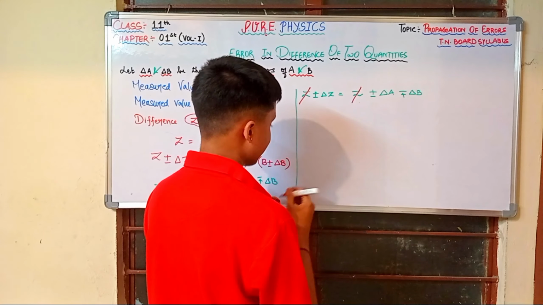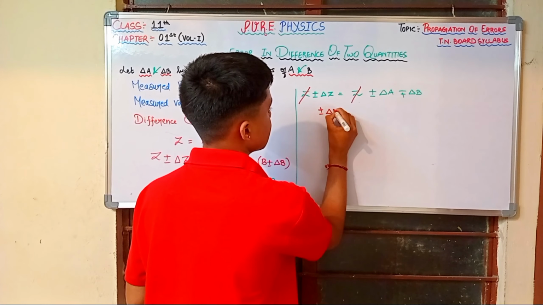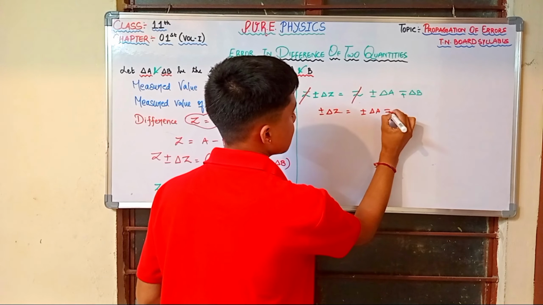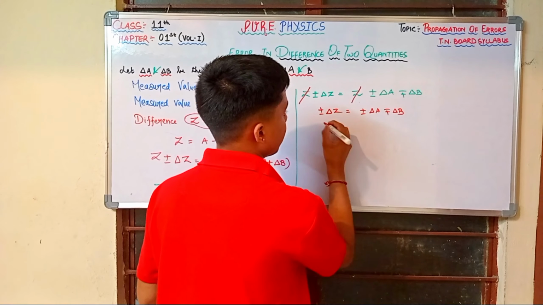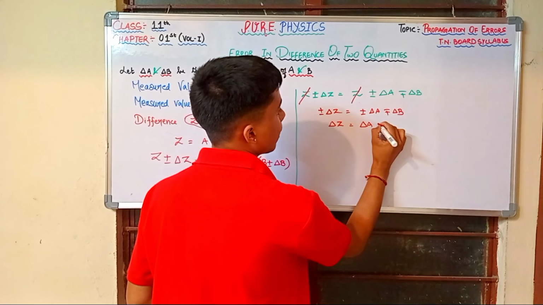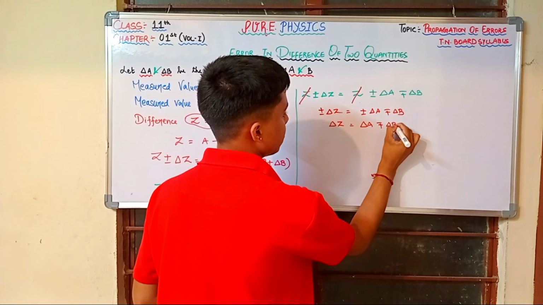And now we have plus or minus delta Z is equal to plus or minus delta A minus plus delta B, which leaves delta Z is equal to delta A minus plus delta B.